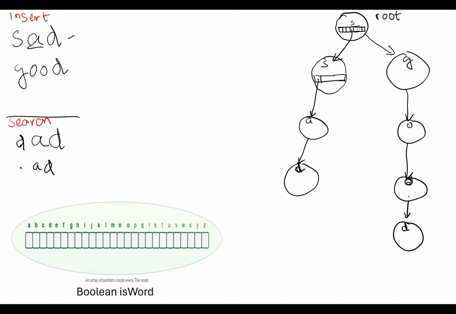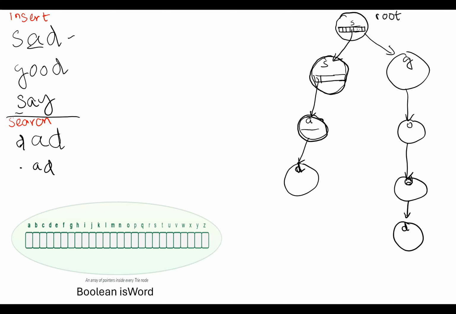Let's insert another word, say, say. Okay, this time we first will go to the node and look for S. Now you see that already we have a node for S, so we won't create another one. Inside S, you will look for A. Now you see we already have a node for A, right? So we won't create another.